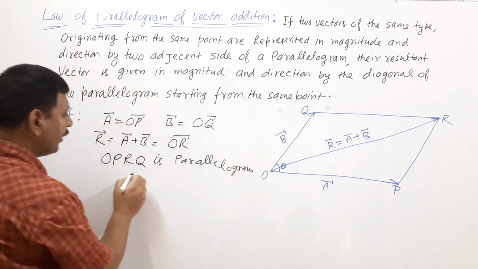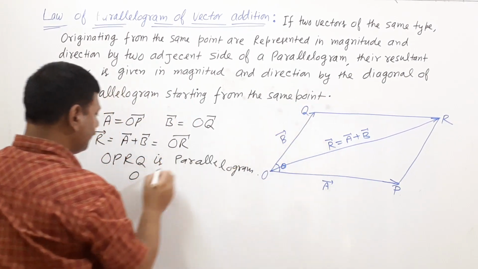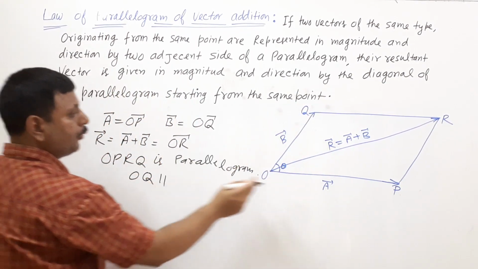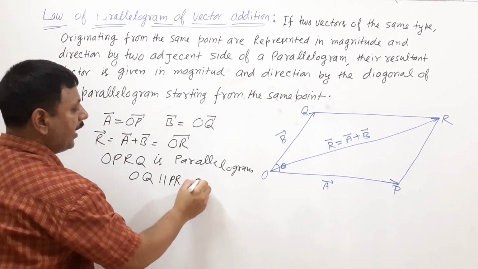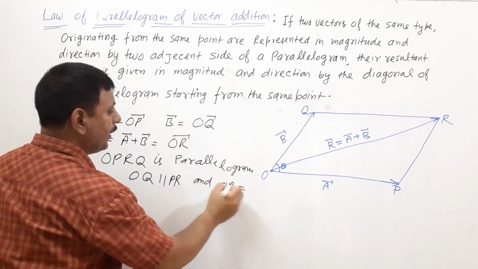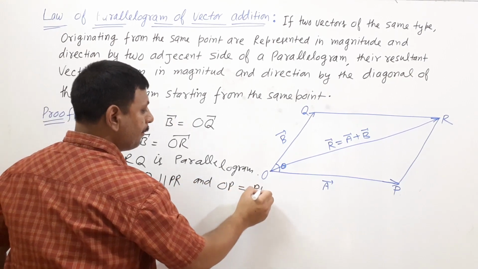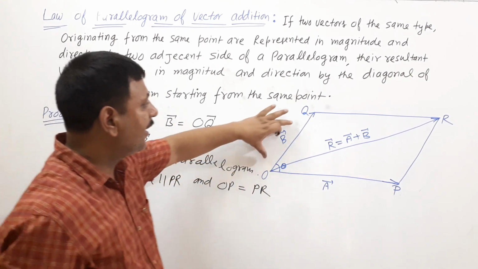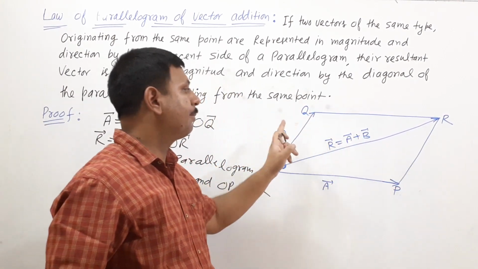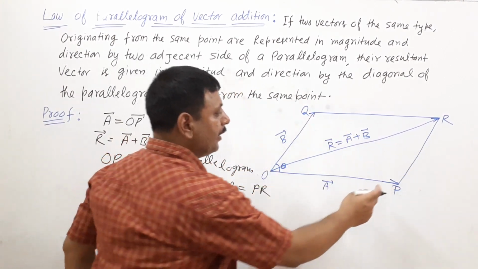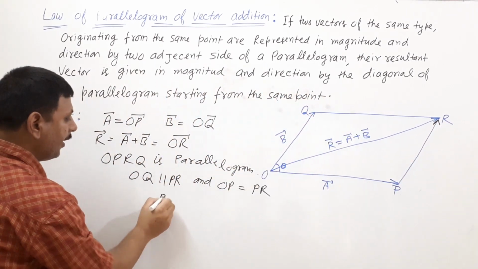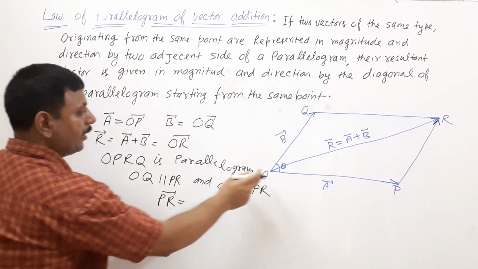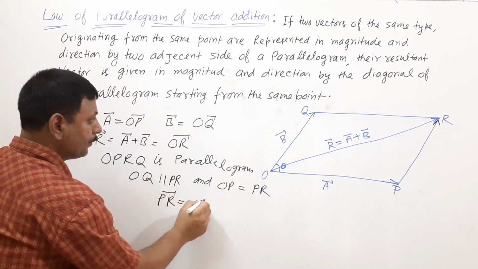That means OQ is parallel to PR and OQ is equal to PR. You can say the two sides are parallel and their magnitudes are the same. If you represent it in vector form, you can say vector PR is equal to OQ.